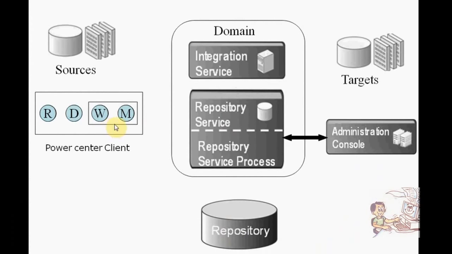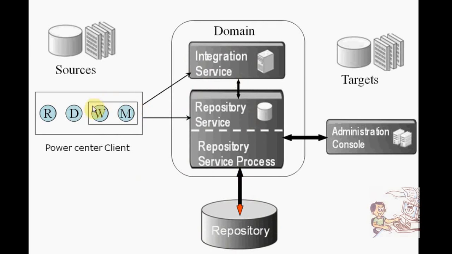See here, first, while creating the mappings and everything, we are loading metadata into the repository database. After creation of the flow, we send requests to the integration service for execution. Again, the integration service sends a request to the repository database.